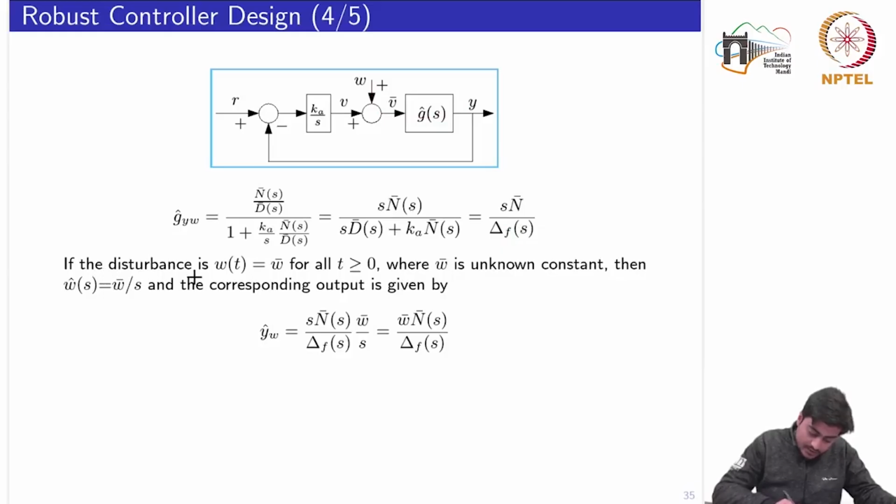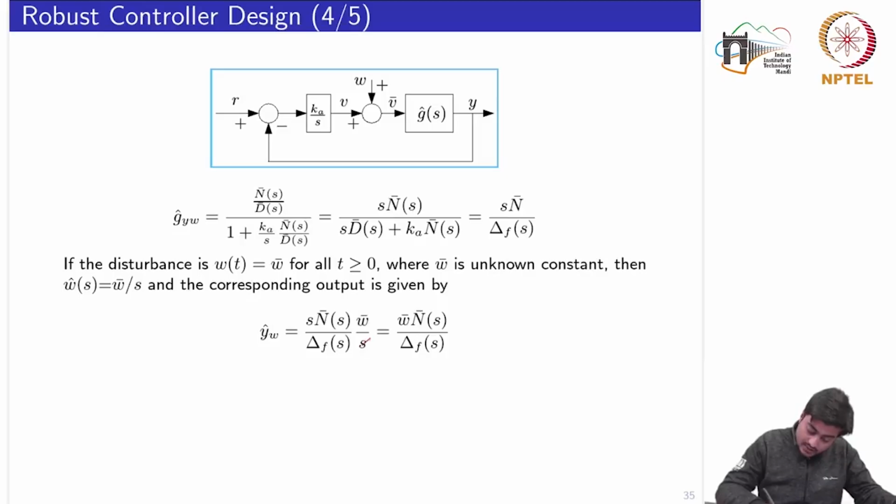Now assume the disturbance is some constant signal w bar for all t greater than or equal to 0, whose magnitude is not known to us. Then we can write w hat as w bar by s in the Laplace domain, and the corresponding output y hat w would become s n bar by delta f into w bar by s.